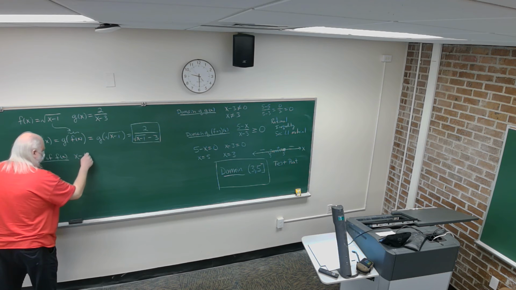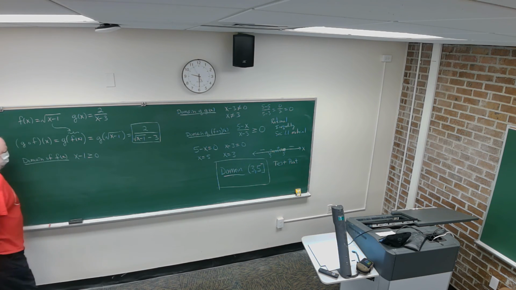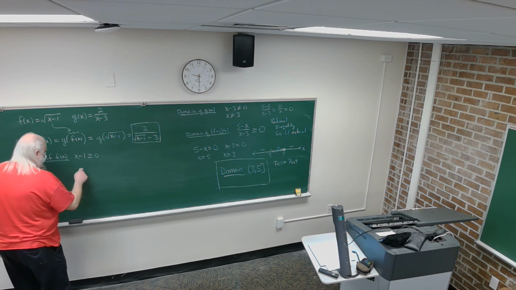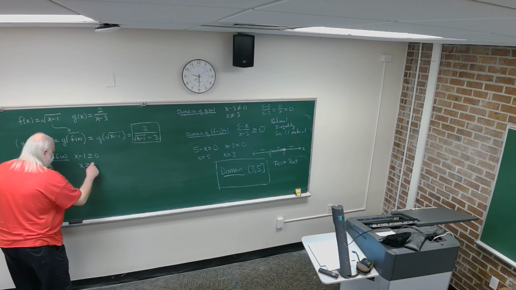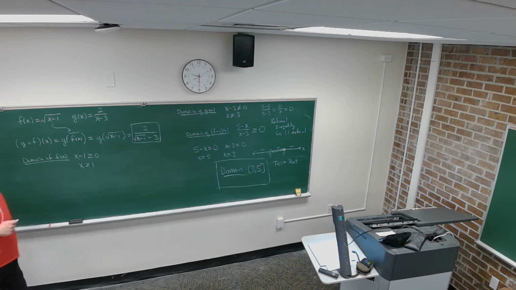And so its radicand has to be greater than or equal to 0. Now, fortunately, that's a linear inequality, not a rational inequality. So when you add 1 to both sides, x has to be greater than or equal to 1. So that's the first restriction on the domain of this composite function.